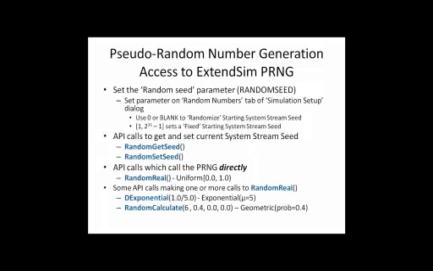value in the sequence, which is an integer number between 1 and m minus 2, and then transforming that into a real, a uniform real that includes 0 but does not include 1.